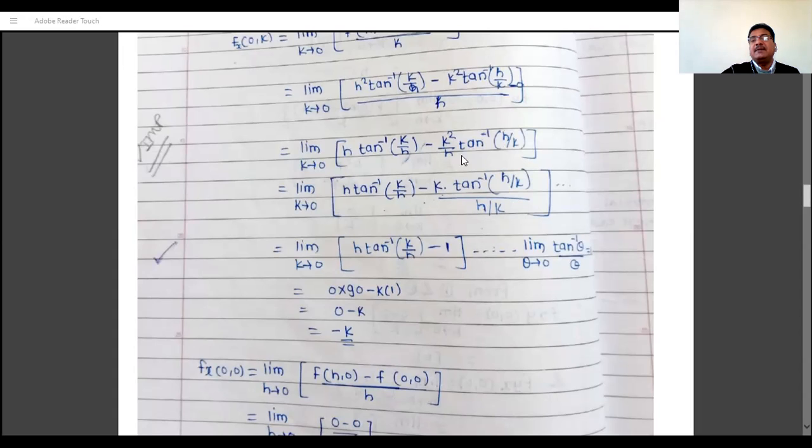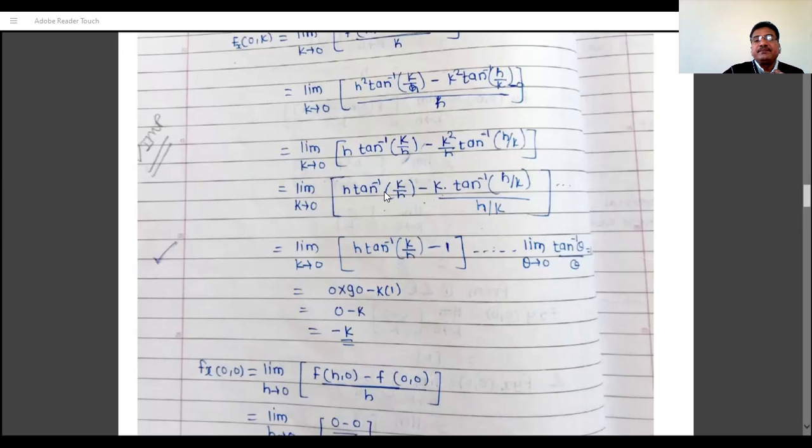There is already divided by h, so just write divided by k, that is, factorize this k square as k into k and shift that k. If we shift the k to the denominator, then it becomes 1 by k, that is h into 1 by k is h by k. And limit of this factor, here write h tends to 0.